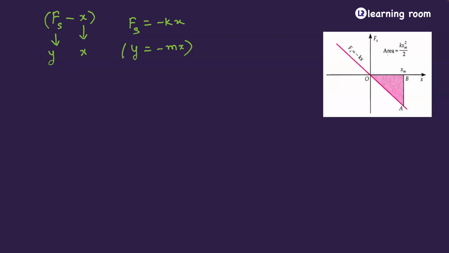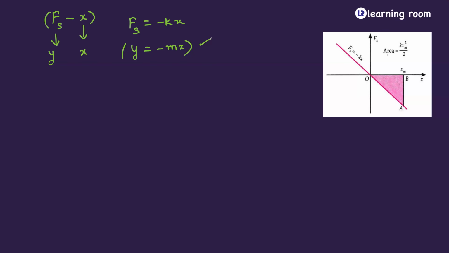Why it is happening, you will learn in your math chapter called straight lines. So here Fs is equal to minus kx is this graph, right? But we know from the basics of the graph between the force and the displacement, if you calculate the area under the Fs graph, what is it going to give us?